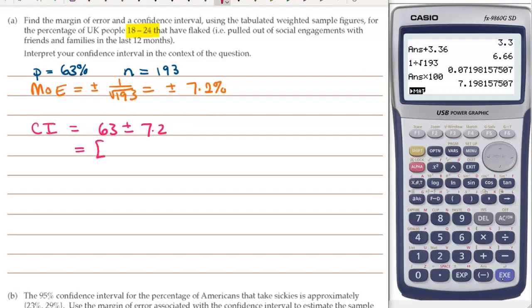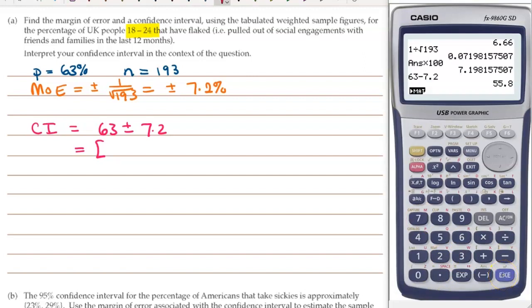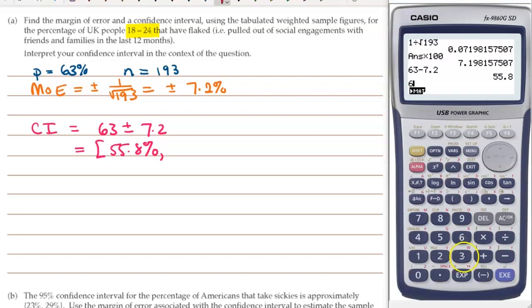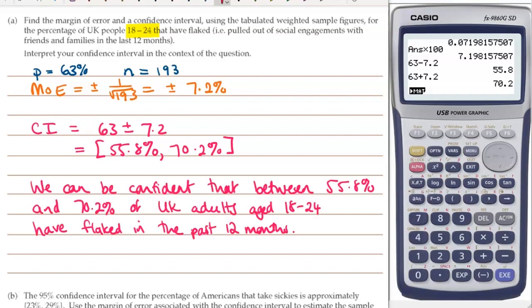If we take off the 7.2 first from 63, then we'll have 55.8%. And if we add on, we get 70.2%. So then we can be confident that the actual proportion lies between 55.8 and 70.2%.